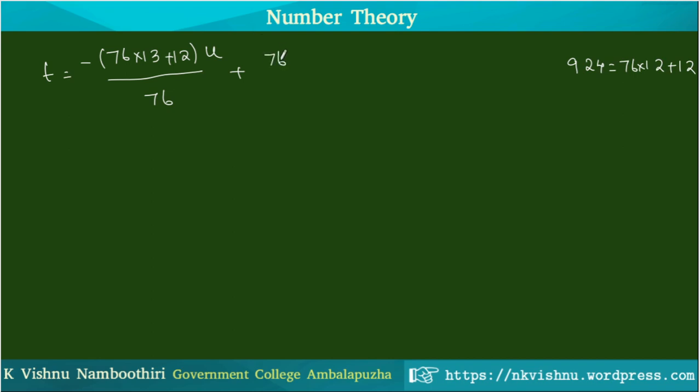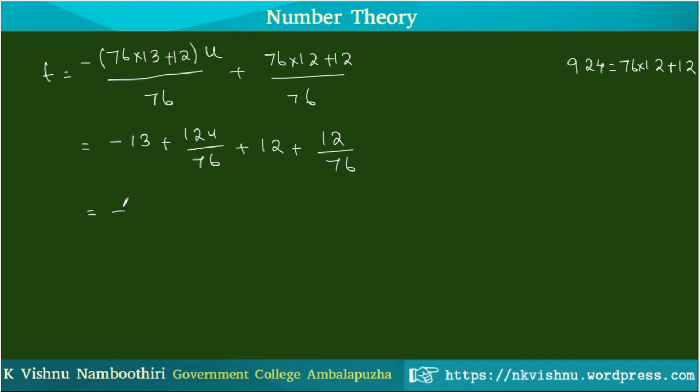Therefore this is 76 into 12 plus 12 by 76. So this is equal to minus 13 plus 12u by 76 plus 76 into 12. Therefore this is just 12 plus 12 by 76, and therefore again we get minus 13.